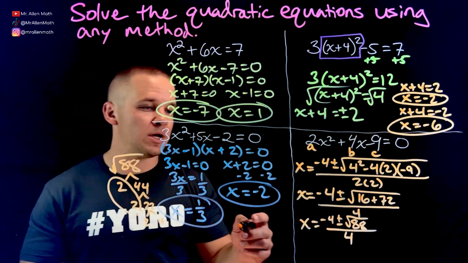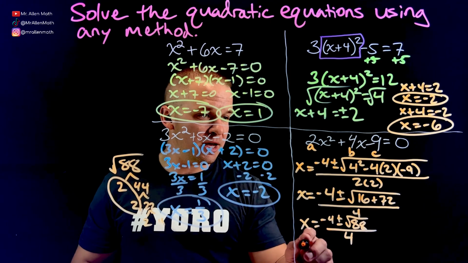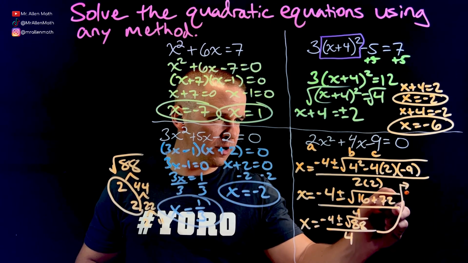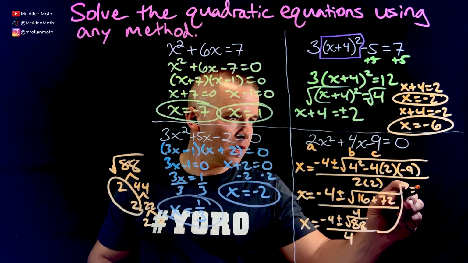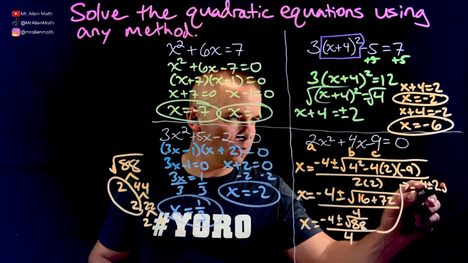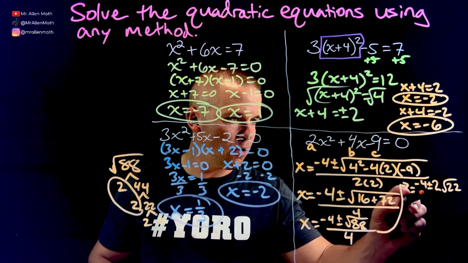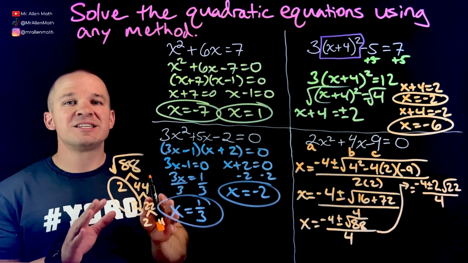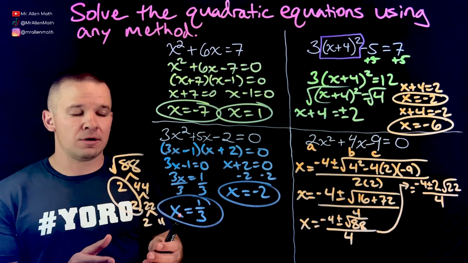That goes back in. So now what we have here is, I'm going to bring myself up right over here. We've got -4 plus or minus, and then we have 2 root 22 over 4. Can we simplify this any further?